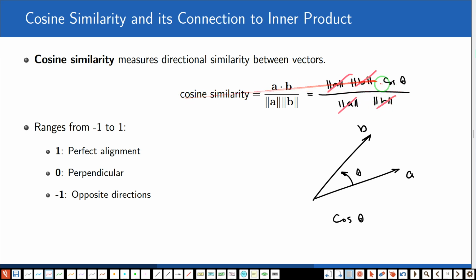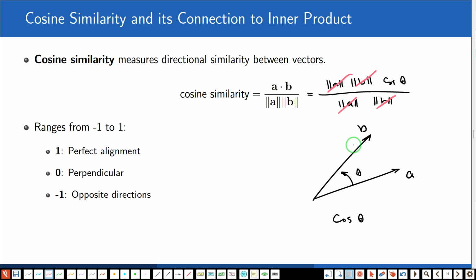Cosine similarity is simply the cosine of the angle between two vectors, and the range is between -1 and 1. It is actually a normalized version of the inner product.